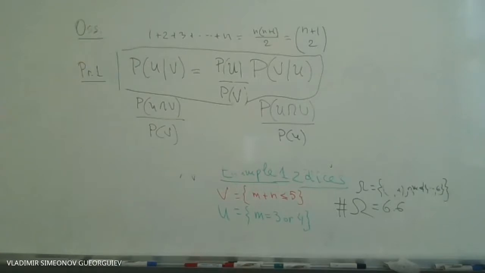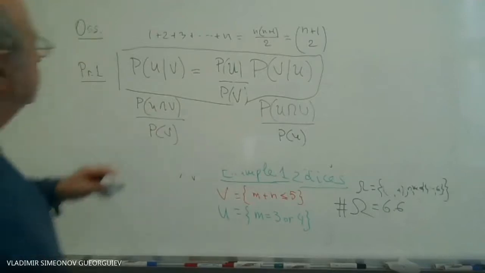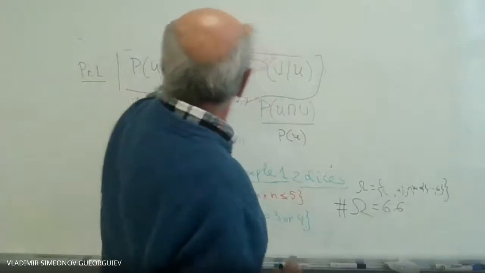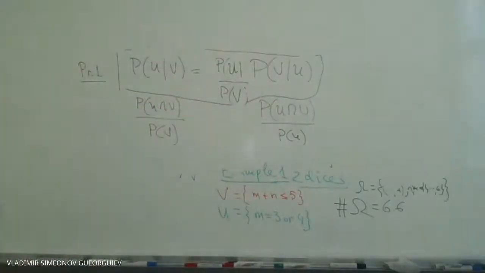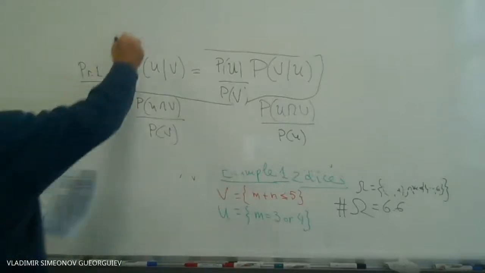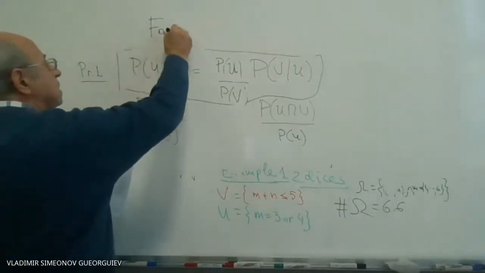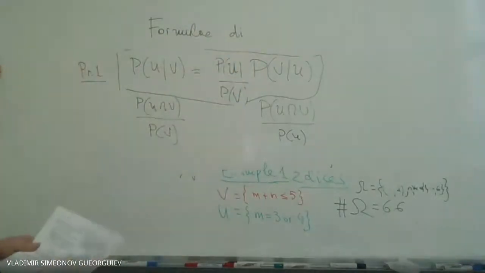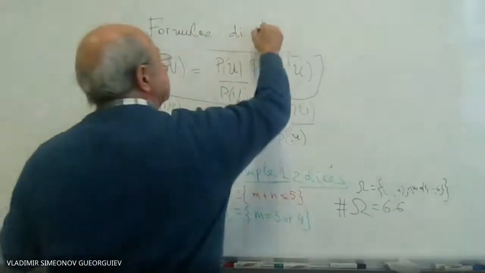Actually, our next step requires a kind of decomposition of our probability space. And in this case, we have to speak about the formula of Bayes.